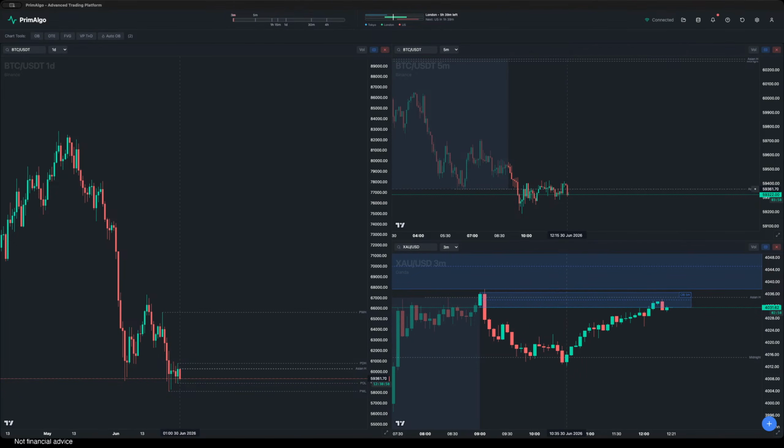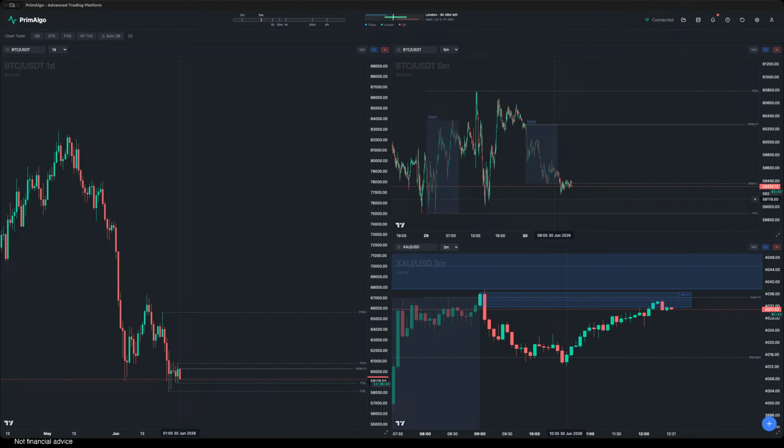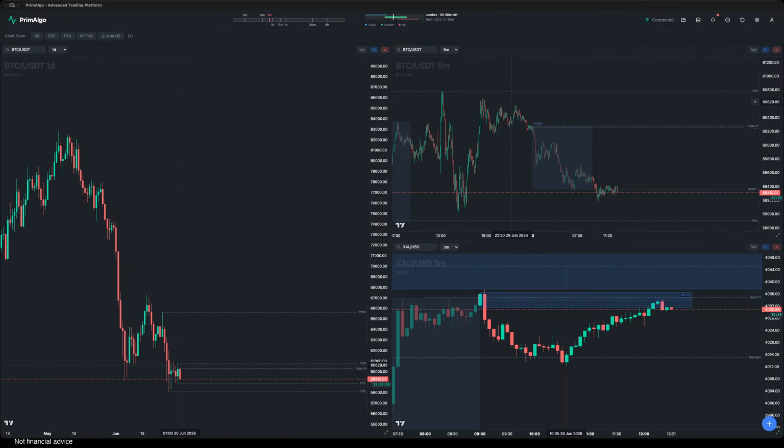Especially we didn't close above that level, we just closed below. It doesn't sound good. So it sounds like we're going to make new lows lower than these lows, right? And these lows, there's liquidity here. That's possible.